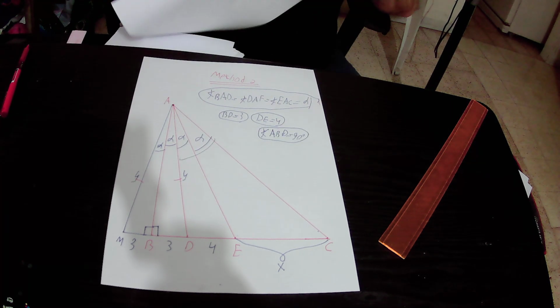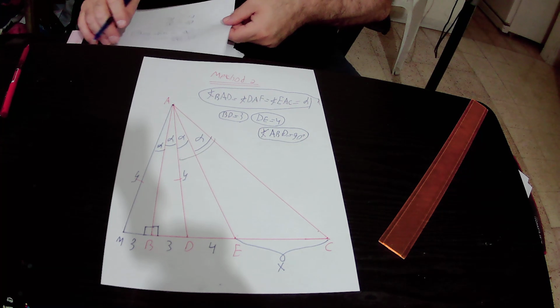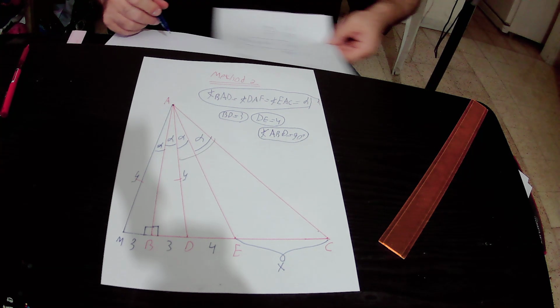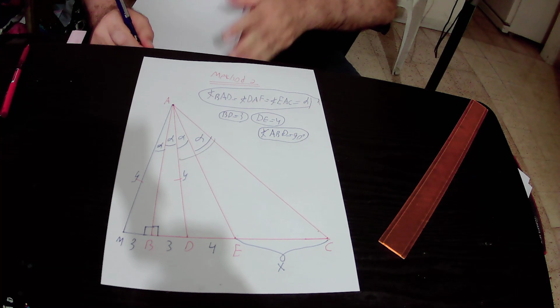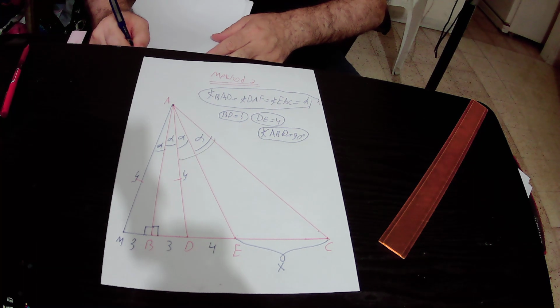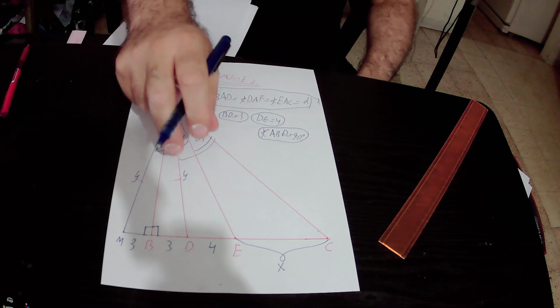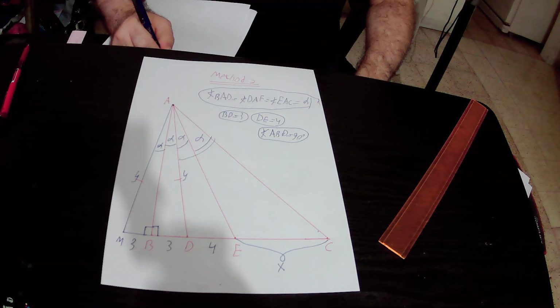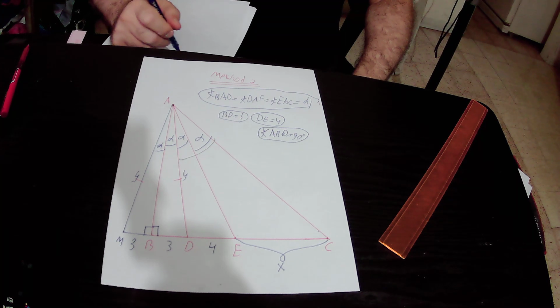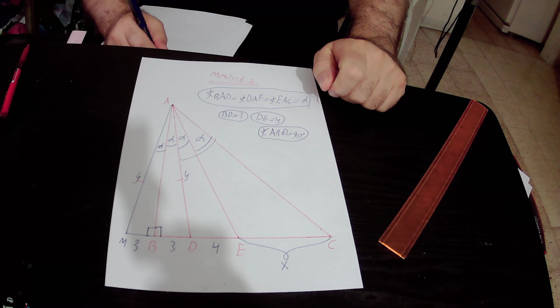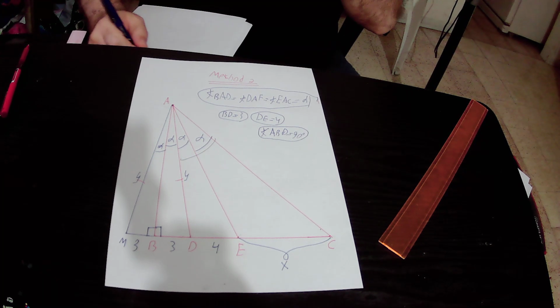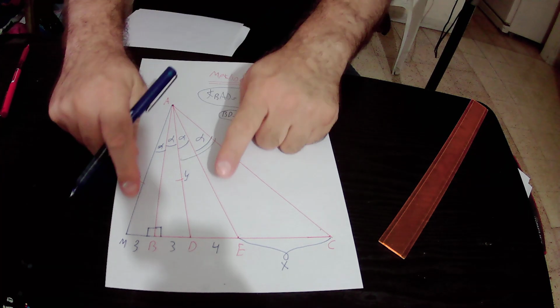And what is the size of DE? The size of DE is 4. What is the size of EC? EC equals X. What is the size of AD?